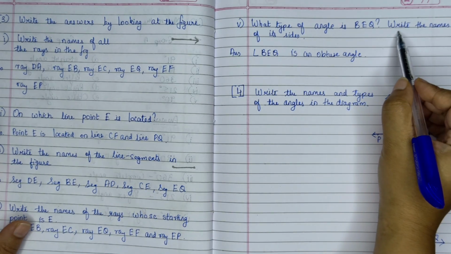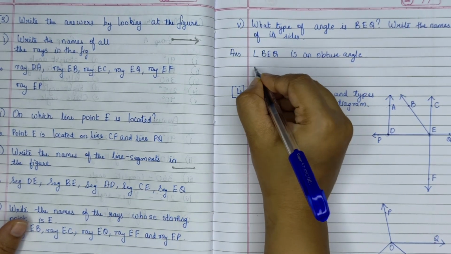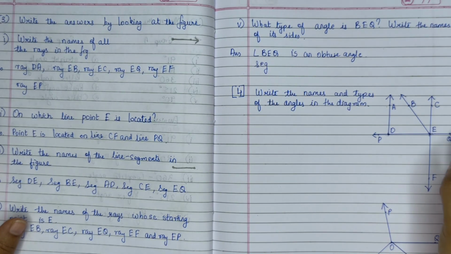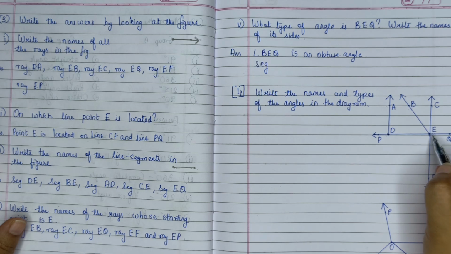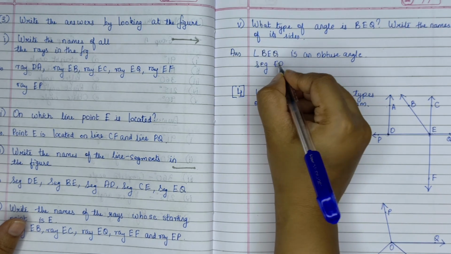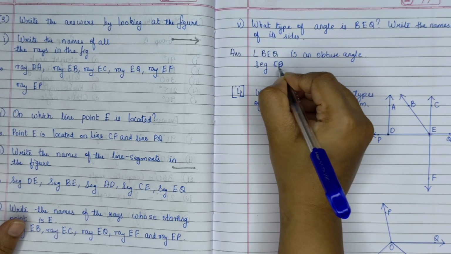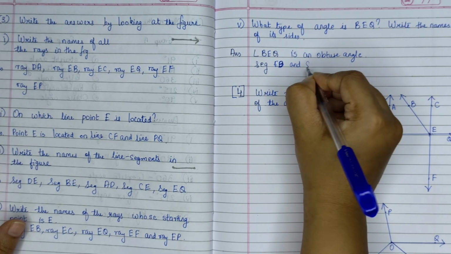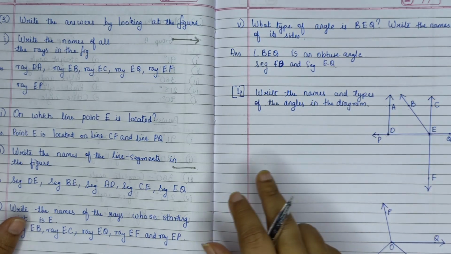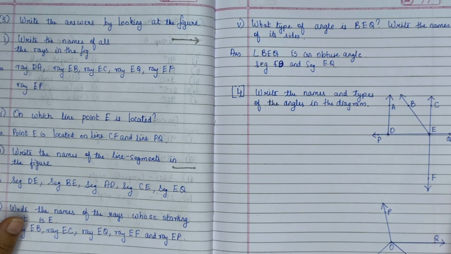So we can write segment EB and segment EQ, or you can also write side EB and segment EQ. These are the two sides, or they can also ask which are the two arms of the angle. So these are the two arms, EB and EQ.